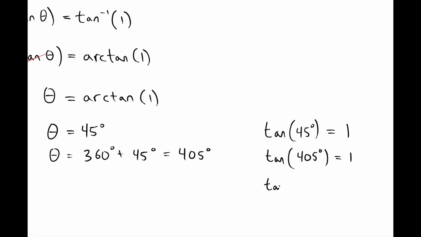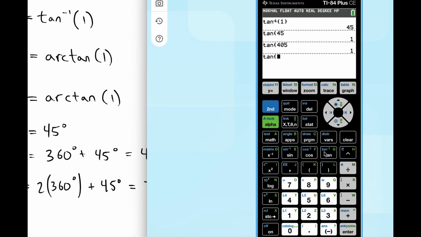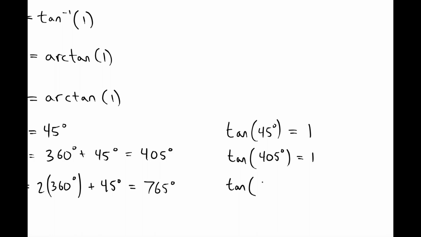And if we even go farther and try, let's say we go twice around the circle and then add another 45 degrees. That would be 765 degrees. It's also 1.